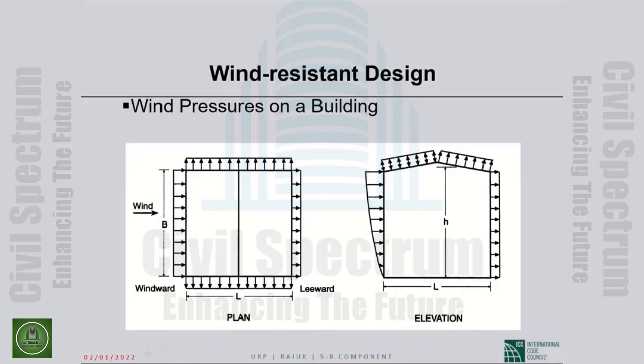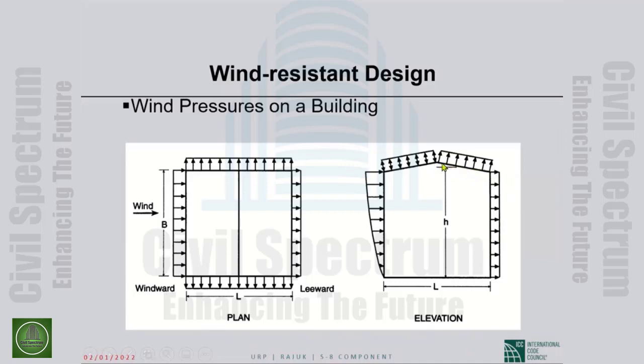So the leeward face is designed for a constant suction that is evaluated at the mean roof height level, the height to the point halfway between the eave and the ridge.